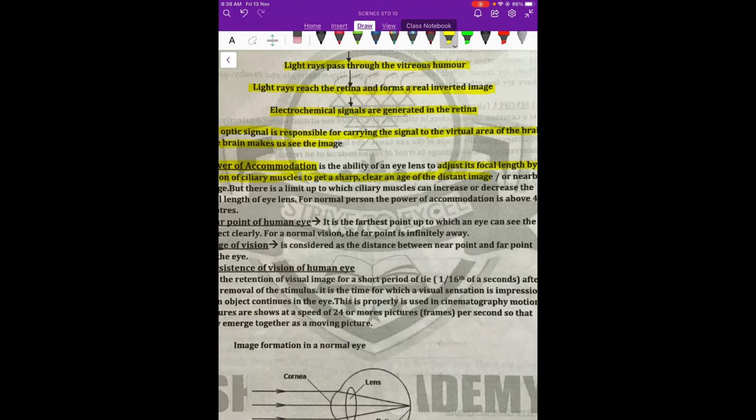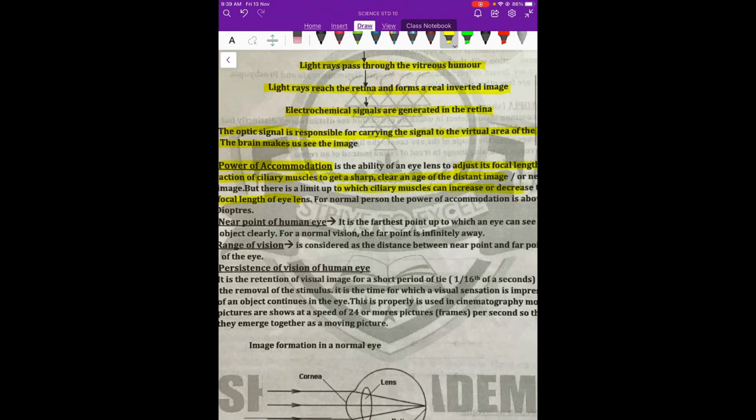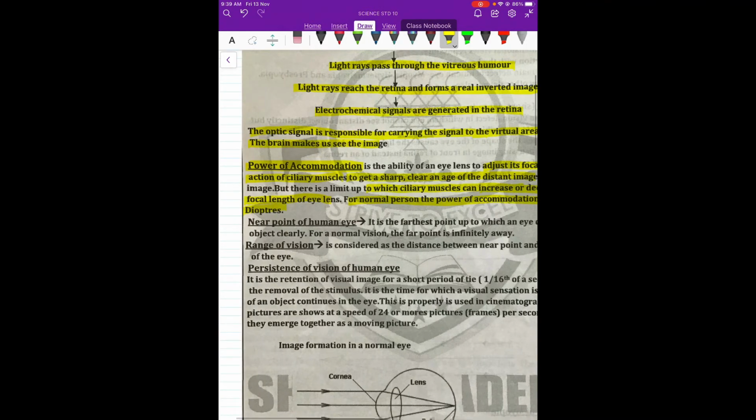Now there is a limit. The ciliary muscles cannot expand or contract beyond a limit. So they can increase or decrease the focal length depending on the power of accommodation. For a normal person, the power of accommodation is given as above 4 diopters.